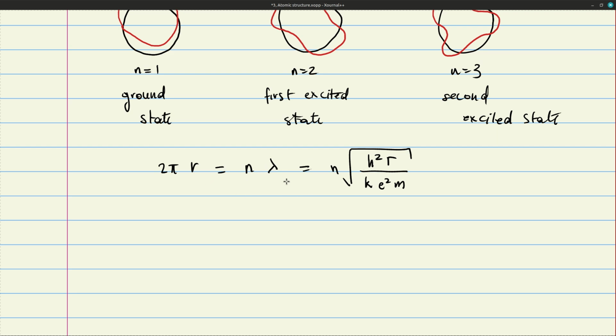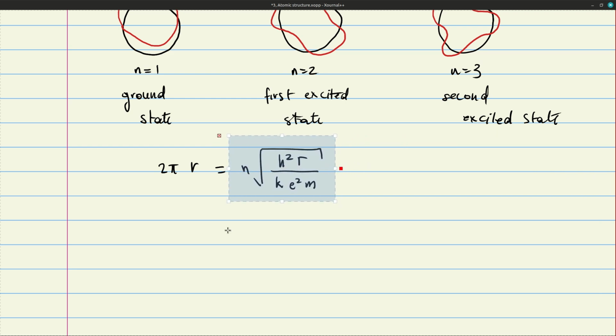Now you can solve this equation, right? Let me get rid of this intermediate guy, and let me take the square: this is n squared, this is 4 pi squared r squared, and this r is going to cancel this r, and I am trying to find r. Maybe I can put an index on r now, because each n is going to give rise to a different orbit.